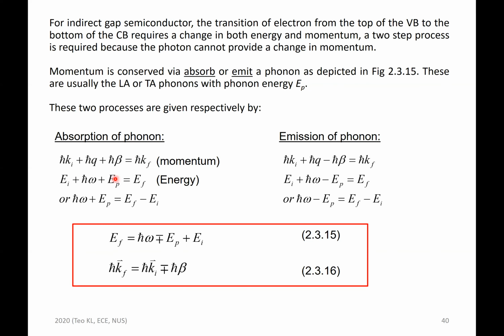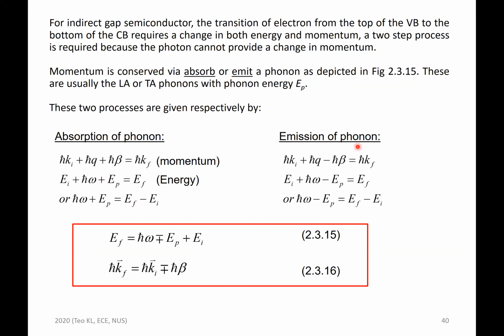For energy, the initial energy of the electron plus the incoming photon energy, and then plus, because you absorb a phonon, plus a phonon energy, equals the final energy of the electron. You rearrange the terms, h bar omega plus EP will be equal to EF minus EI.